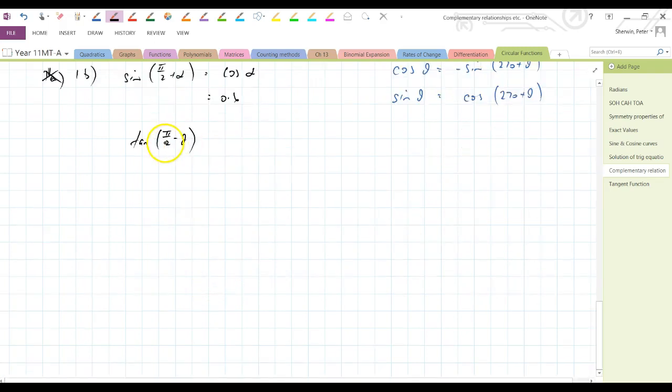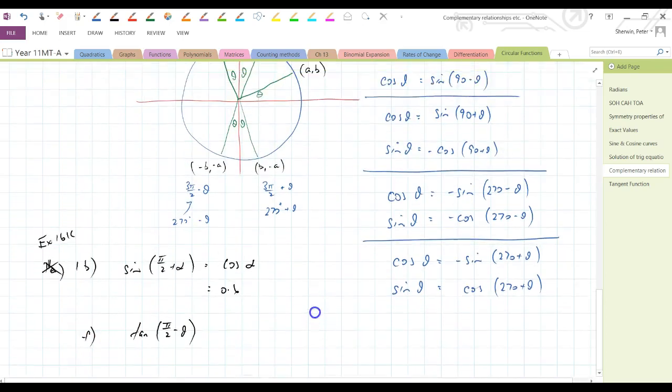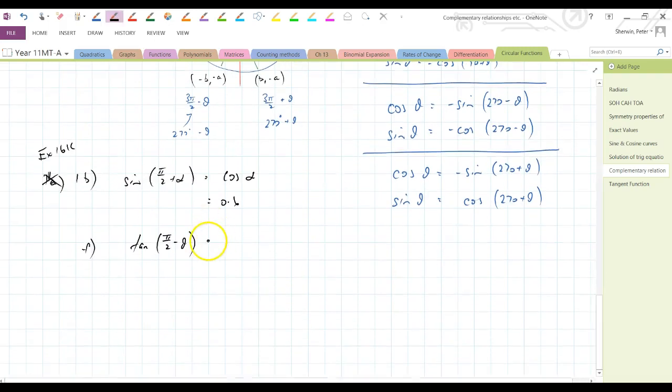Now for tan of 90 minus theta, which is F, what we're after is tan of this angle here, which is, as we know, sine divided by cos, so A divided by B. What we know is tan theta equals 0.7. That's B divided by A. So what we want is the reciprocal of tan theta.